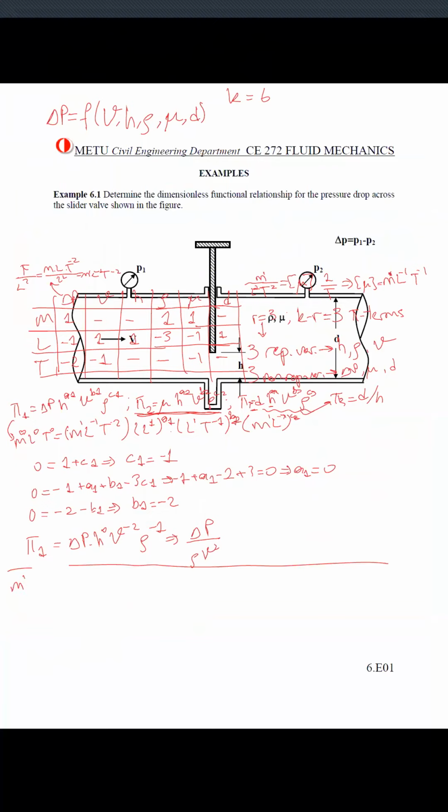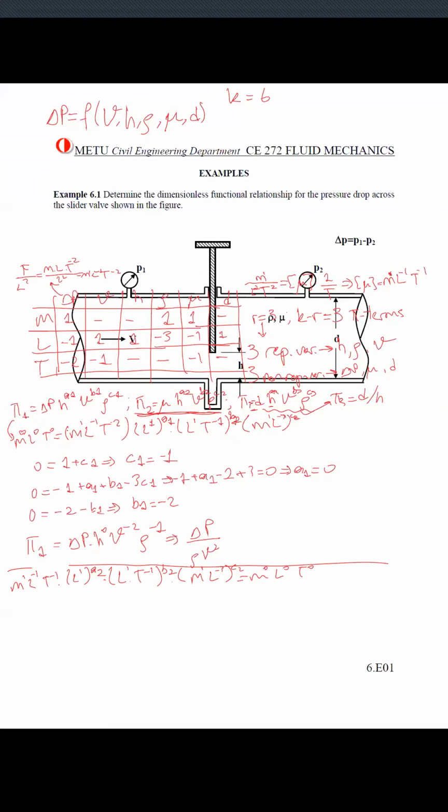M to the power 1, L to the power minus 1, and T to the power minus 1, times mu times H to the power A2, L to the power 1 to the power A2, times V to the power B2, L to the power 1, T to the power minus 1 to the power B2, multiplied by rho to the power C2, M to the power 1, L to the power minus 3 to the power C2, equals M to the power 0, L to the power 0, T to the power 0.